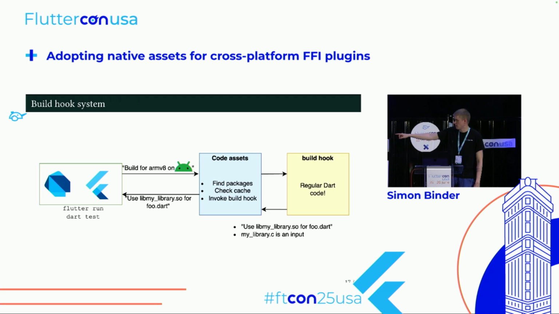But in the end, after all the build hooks have been invoked, what's going to happen is it aggregates all of the results, right? So if you depend on 10 packages providing different native libraries, it would return all of these 10 libraries. And then the tool, which you've invoked originally, is going to be responsible for actually ensuring that these libraries are available to the system, right?